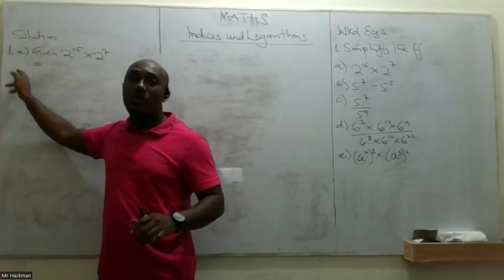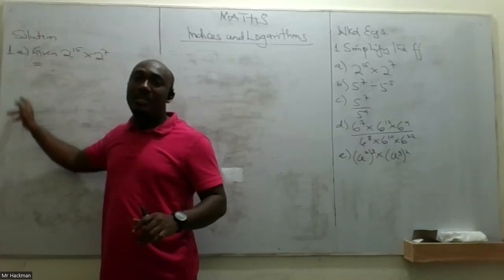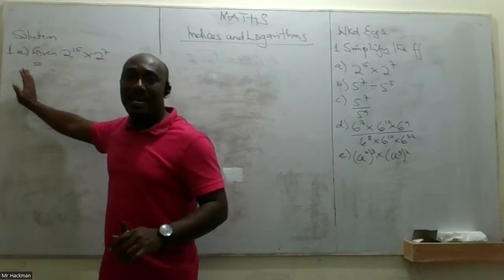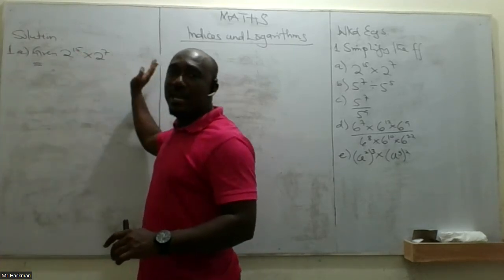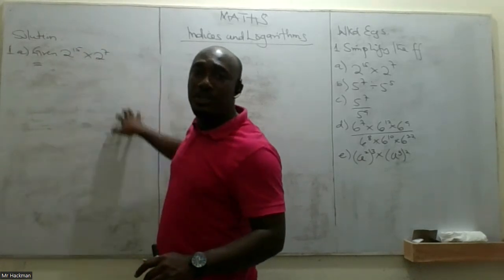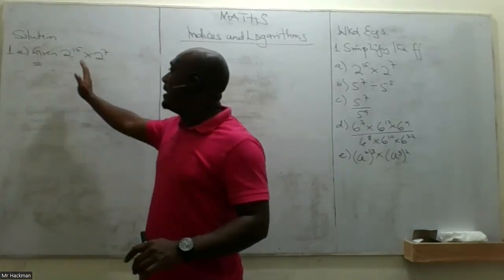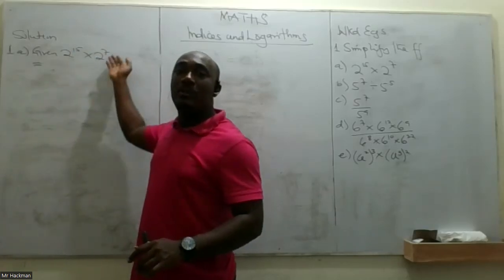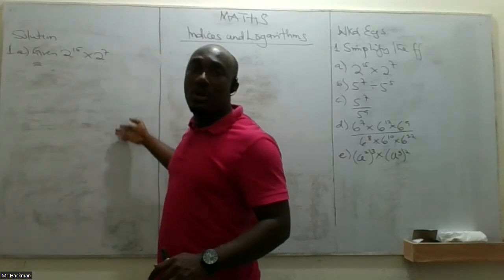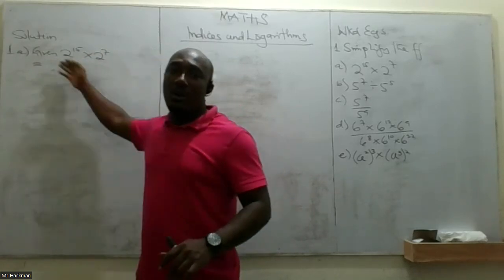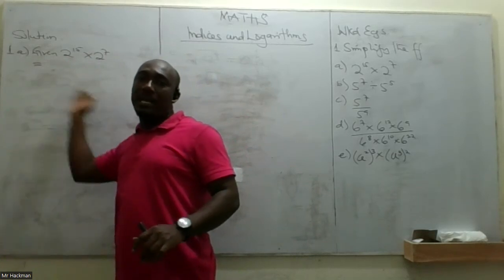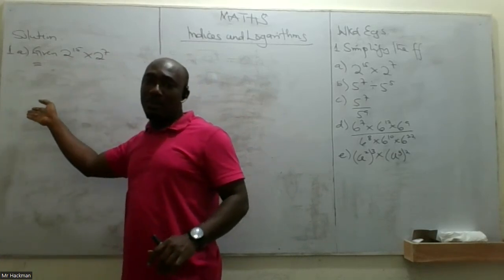So you start writing close to the margin. Then there will always be room here. So in case it doesn't go there, you can rule a line there, then come and continue here. But if you push it here and you finish solving, no matter how big this space is, you can't come and do any other work here, because we work in this direction. We don't work in this direction.